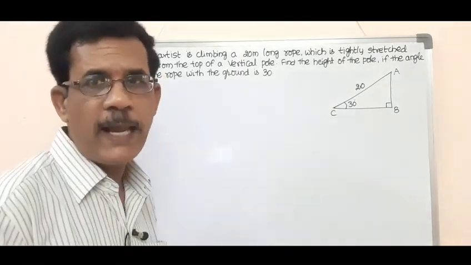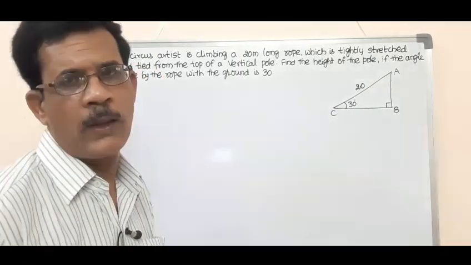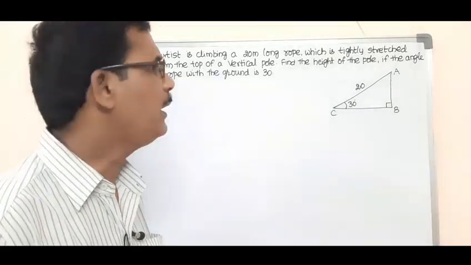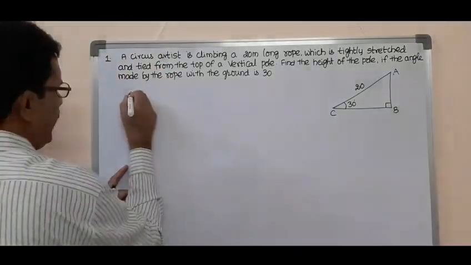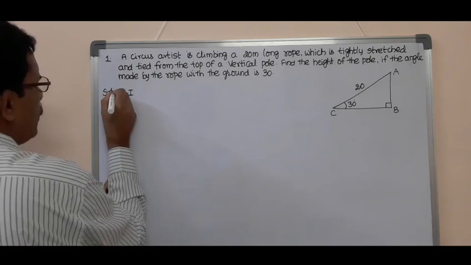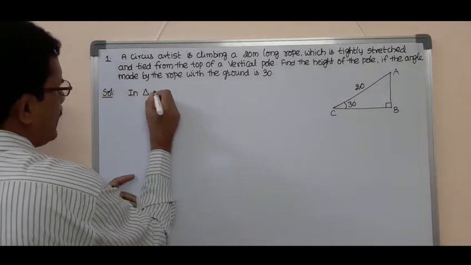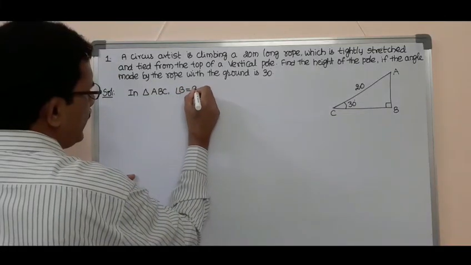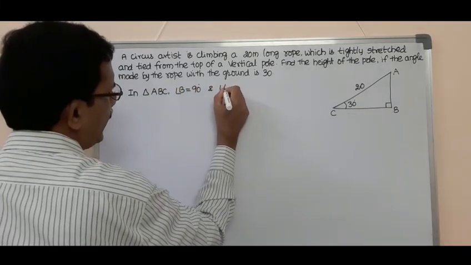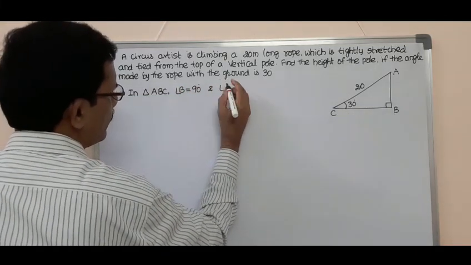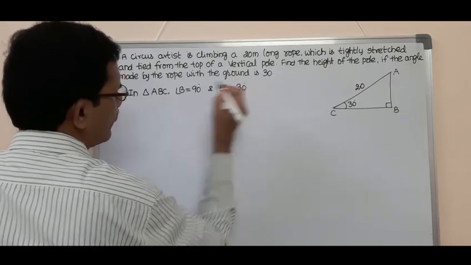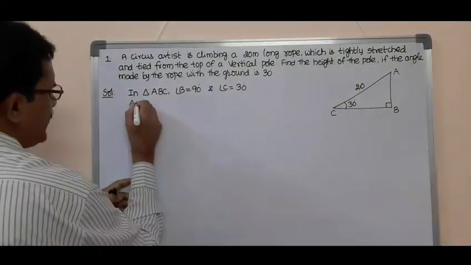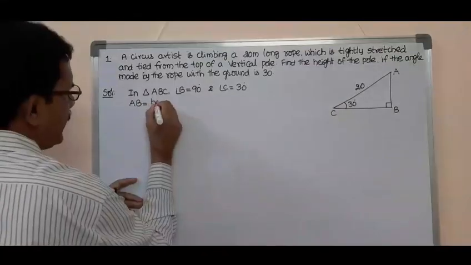So ABC is a right angled triangle. Using trigonometric ratios we will find AB length. Solution: in triangle ABC, angle B is equal to 90 degrees and angle C is equal to 30 degrees. AB is equal to height of the pole.